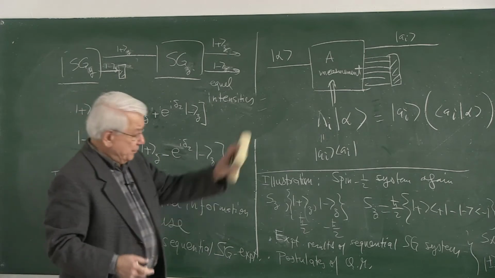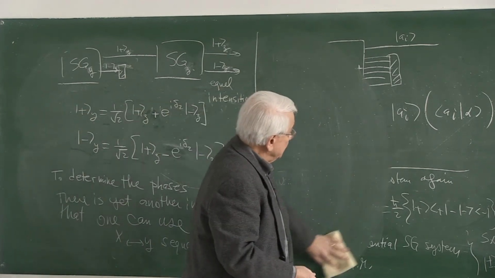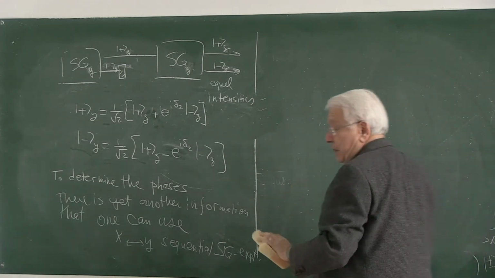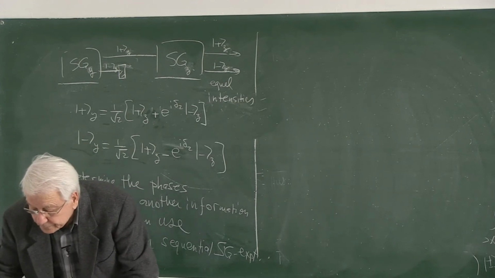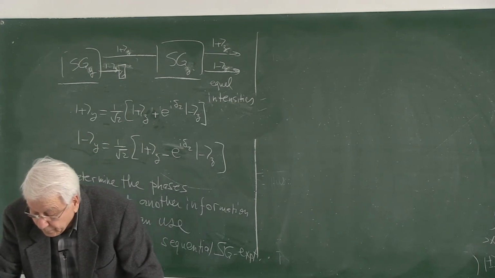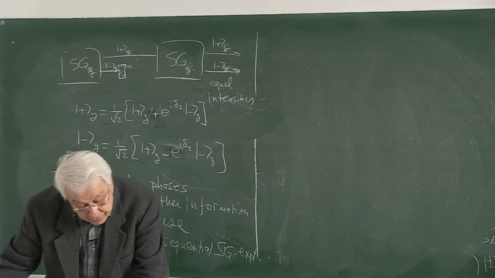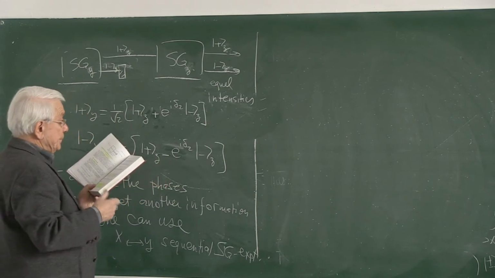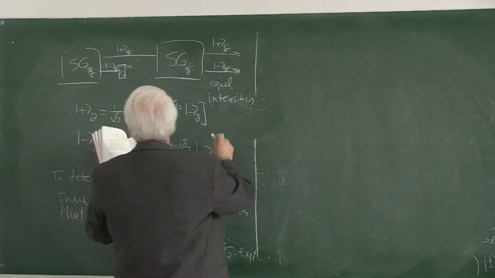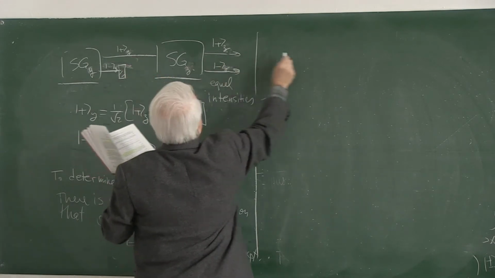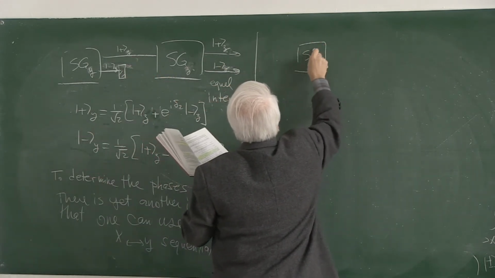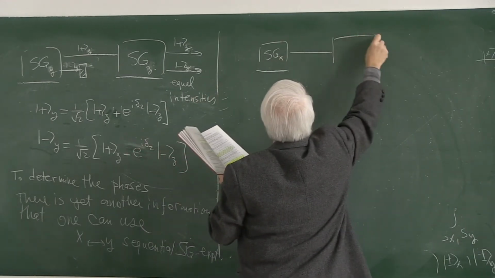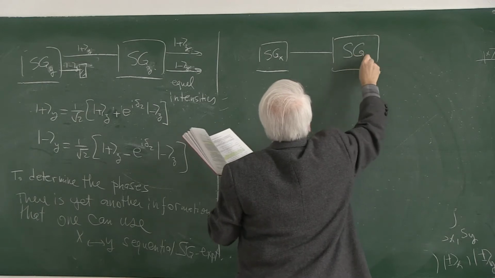So what does it mean if that is the information that we are going to use? What will happen then if we use that information? Let me write that down. We come through an SGX and let it go through an SGY, whichever.